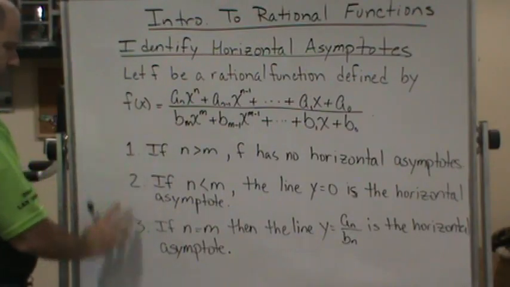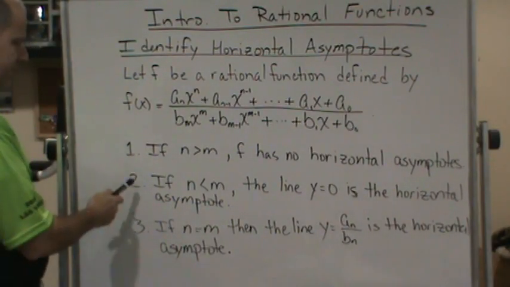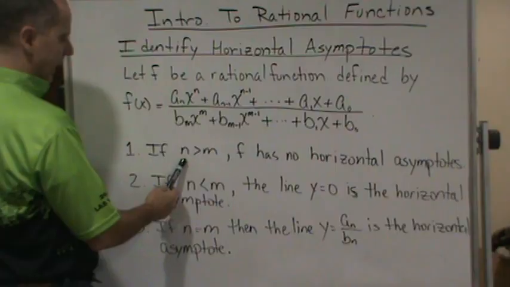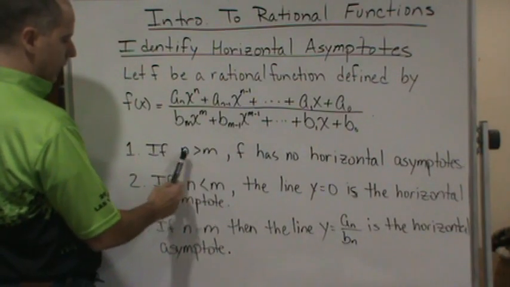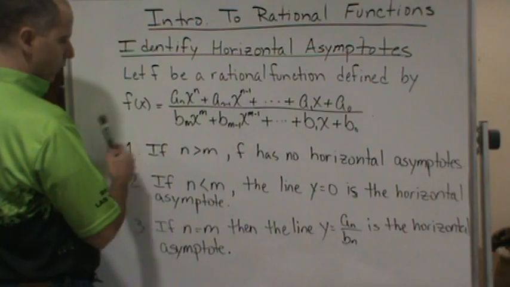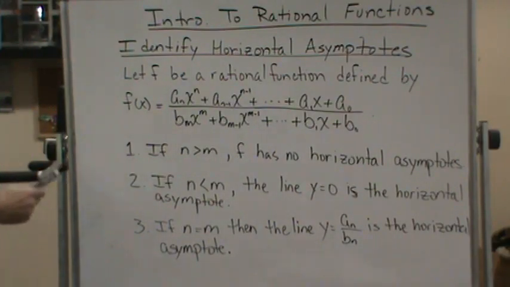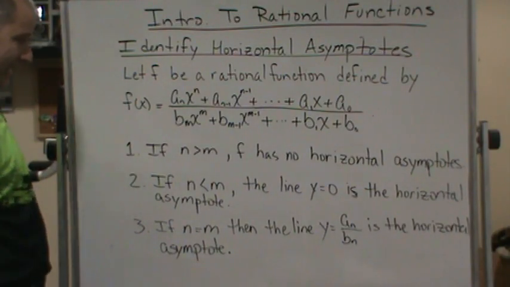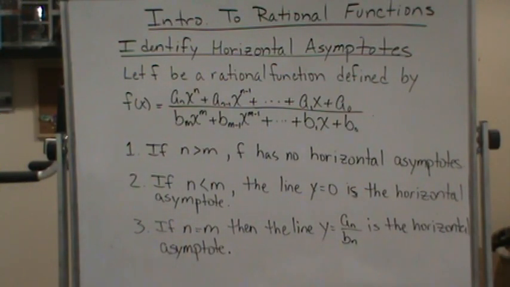So we have three cases. The first case is if the degree of n, right, if n is bigger than m. In other words, if the degree of the numerator is bigger than the degree of the denominator, then that means that the function f has no horizontal asymptotes. Okay?